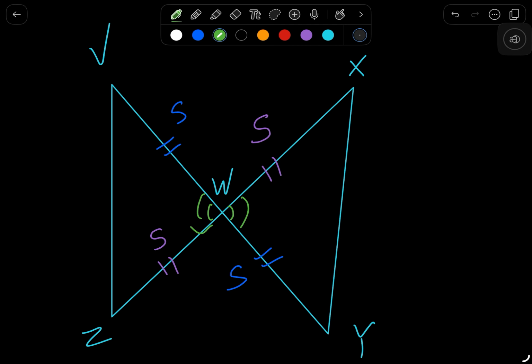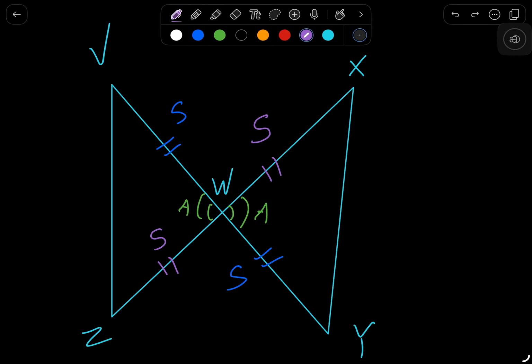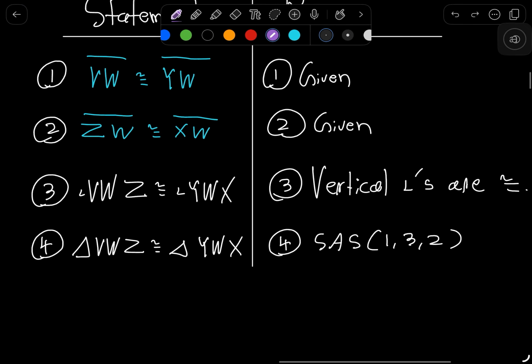What that means is that these two angles are congruent to each other. And now we can actually prove that these two triangles are congruent because you have a side, an angle, and a side. So that's a good sign that we can use SAS.